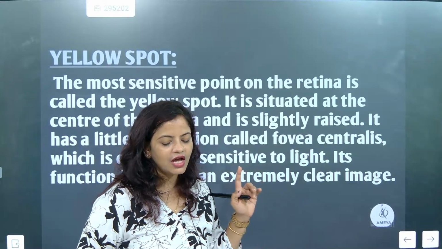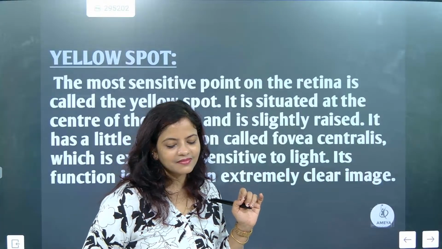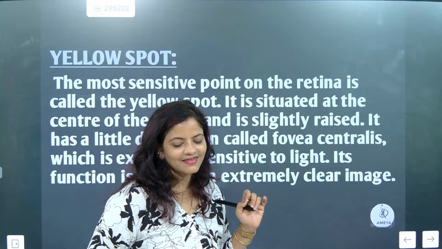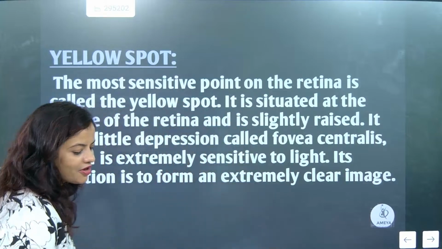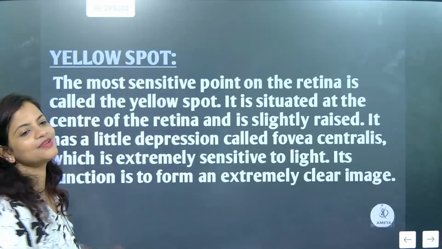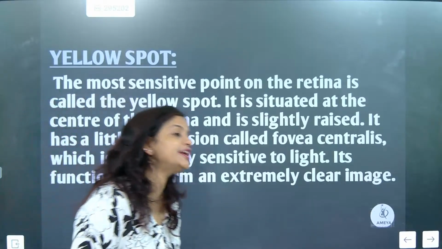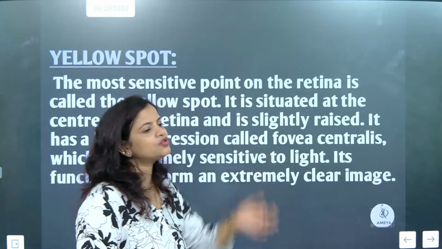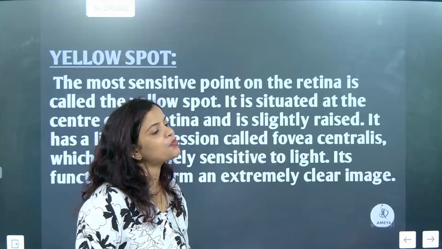First answer I got Arohi, then Maha. All people are talking about retina. The most sensitive point on the retina. So blind spot and yellow spot is located where? Retina. Understood? The screen is called as retina, and this screen will have what spots, beta?